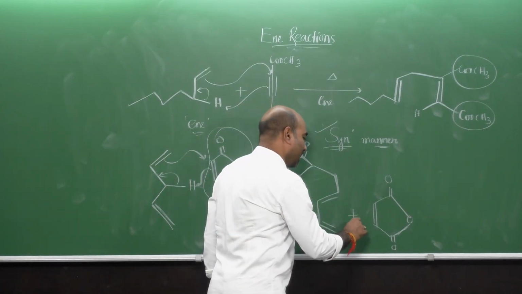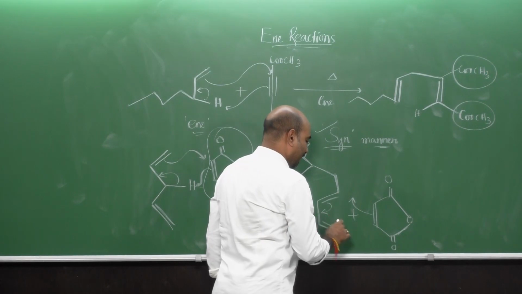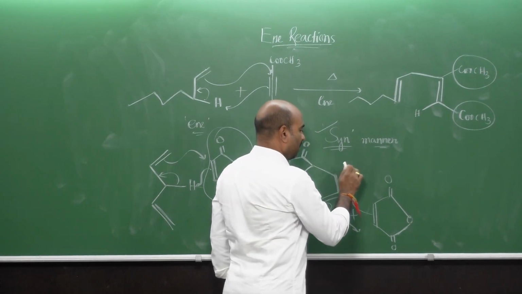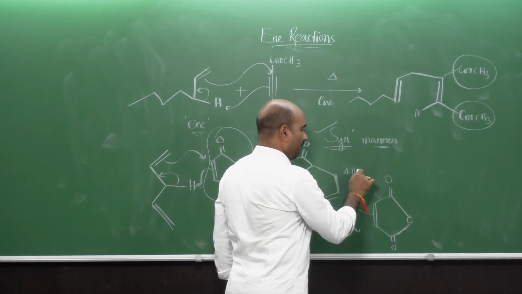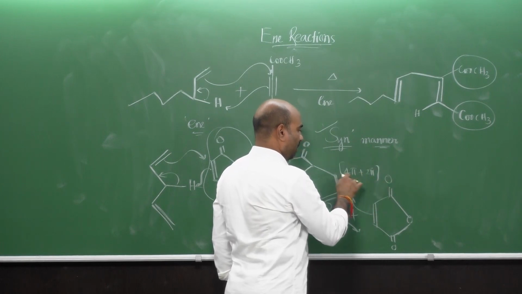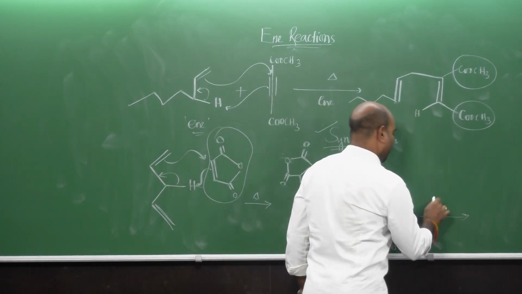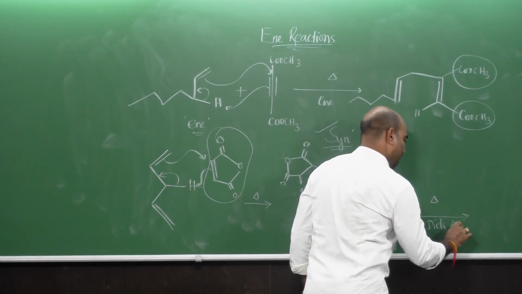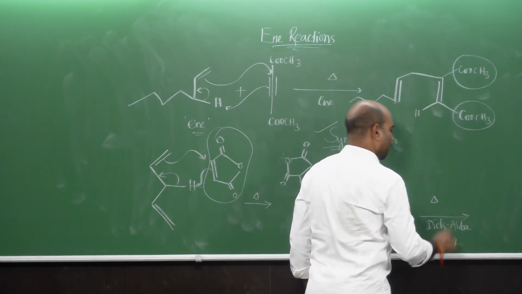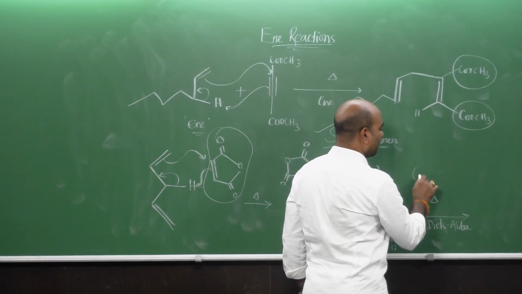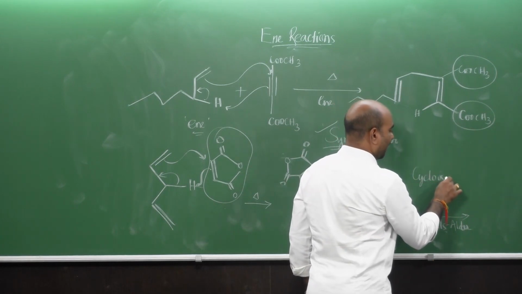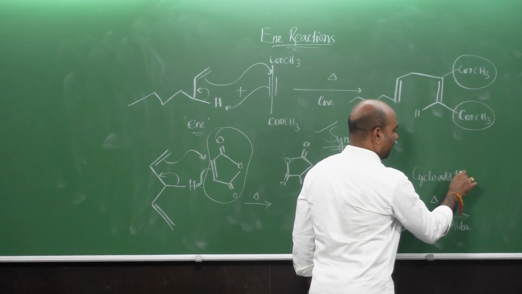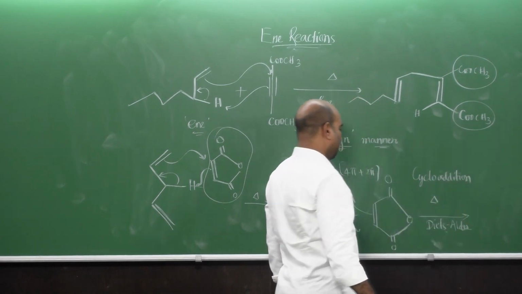Exactly, this is the Diels-Alder reaction, that is 4 pi plus 2 pi. Diels-Alder reaction is nothing but cycloaddition, right.